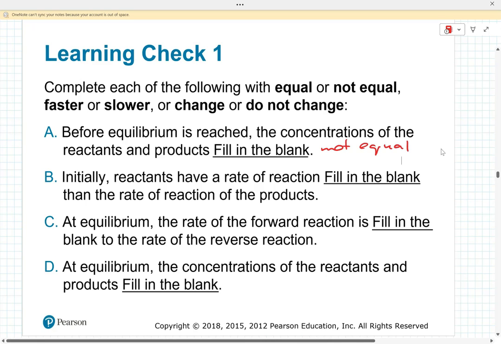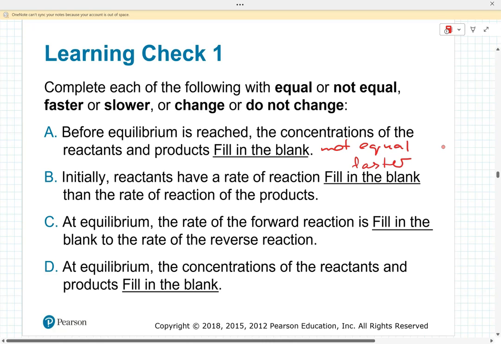Is the rate of the forward reaction faster or slower than the rate of the reverse reaction in the beginning? Faster.